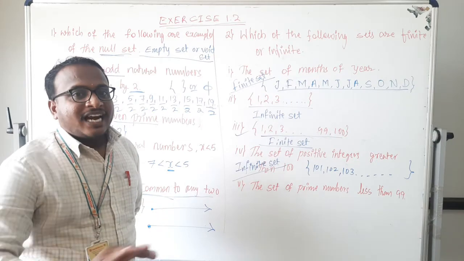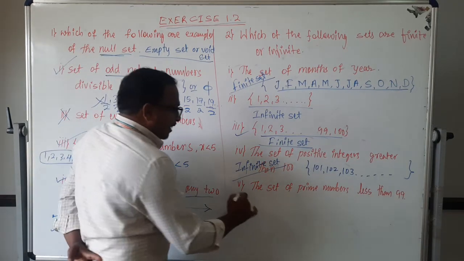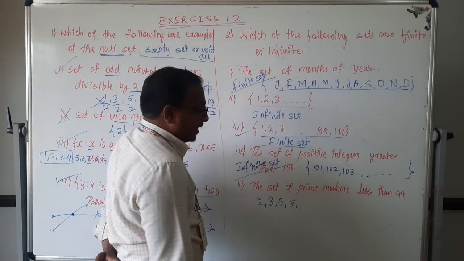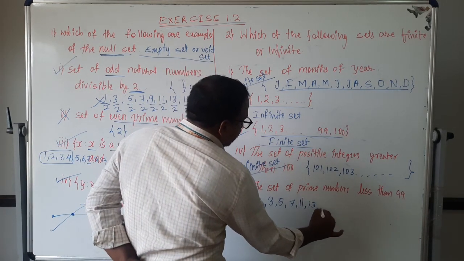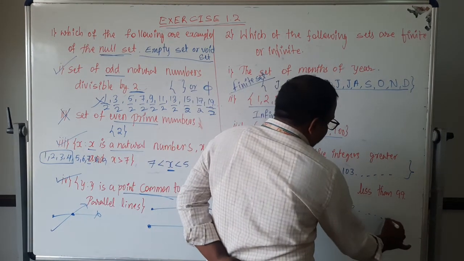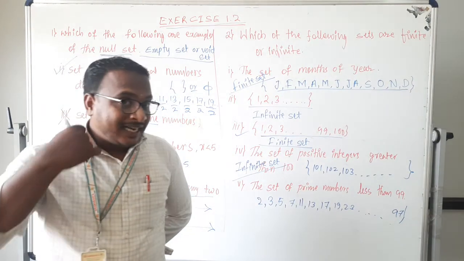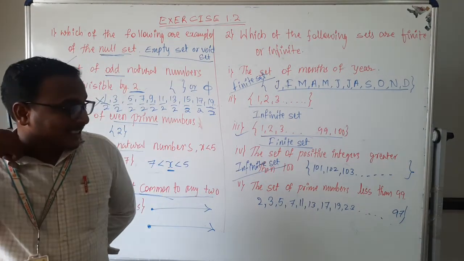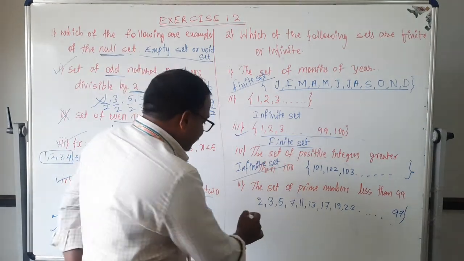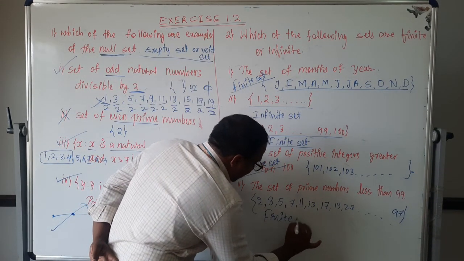They are 2, 3, 5, 7, 11, 13, 17, 19, 23 and so on up to 97, because 97 is a prime number that cannot be divided by any number except 97 and 1. Therefore it is a finite set, with countable elements.